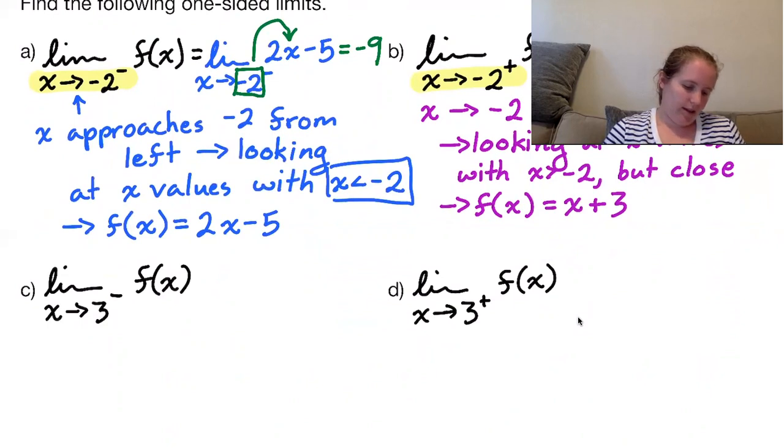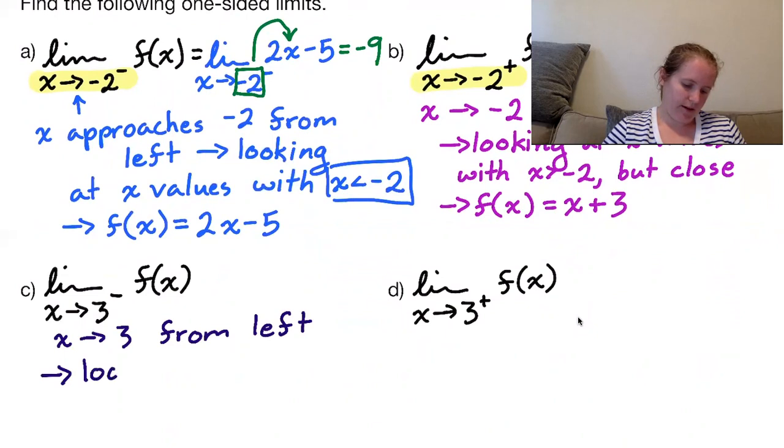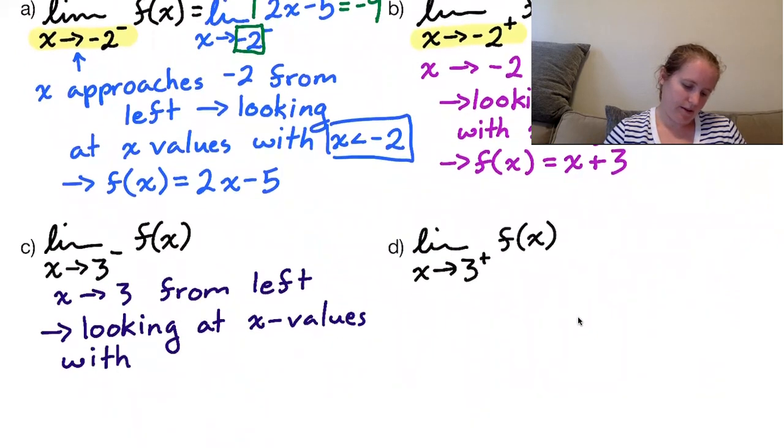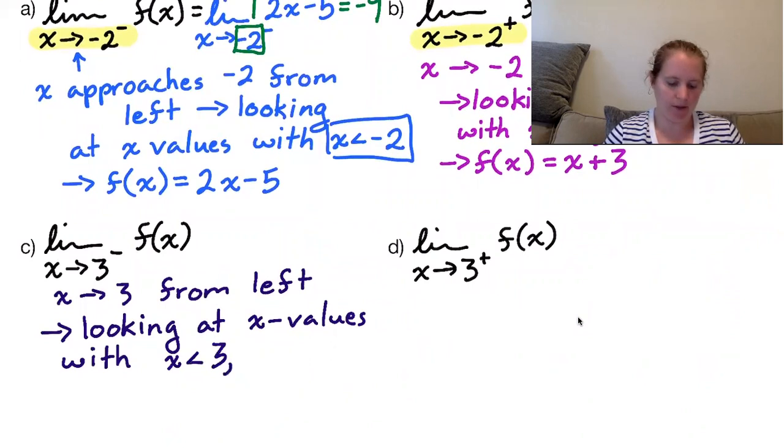So coming from the left, x is approaching 3 from the left, so we are looking at x values with x less than 3, but again, close to 3.